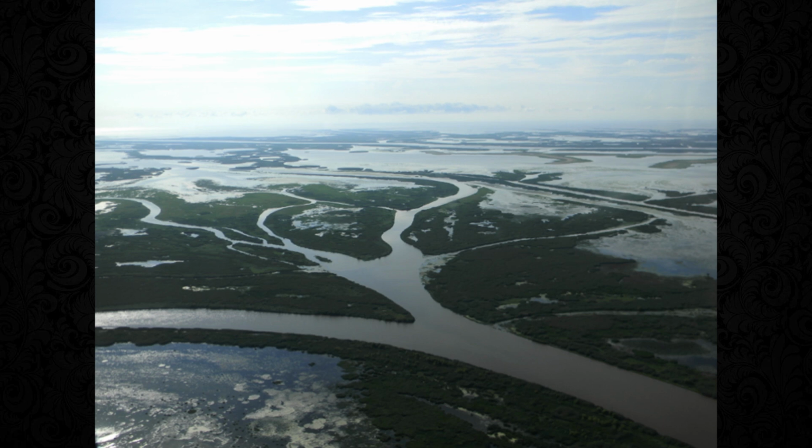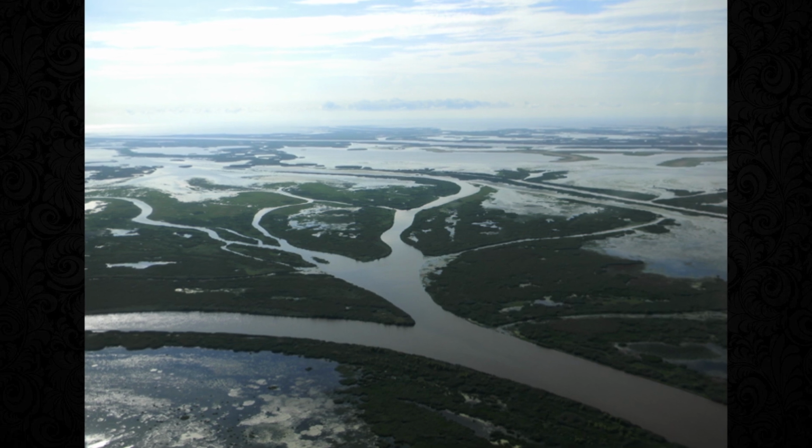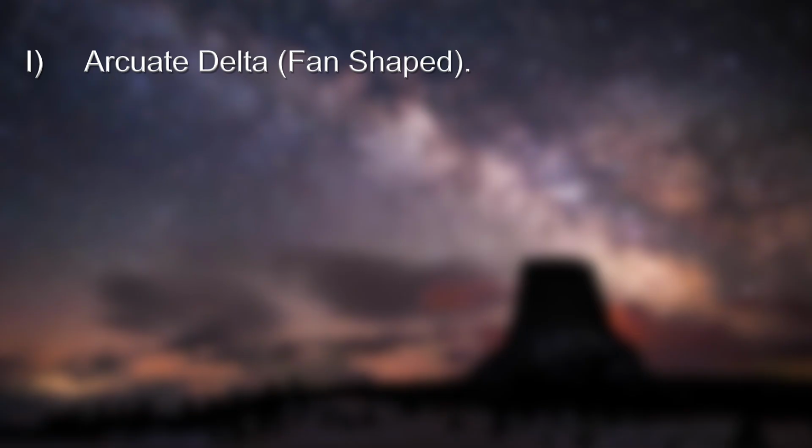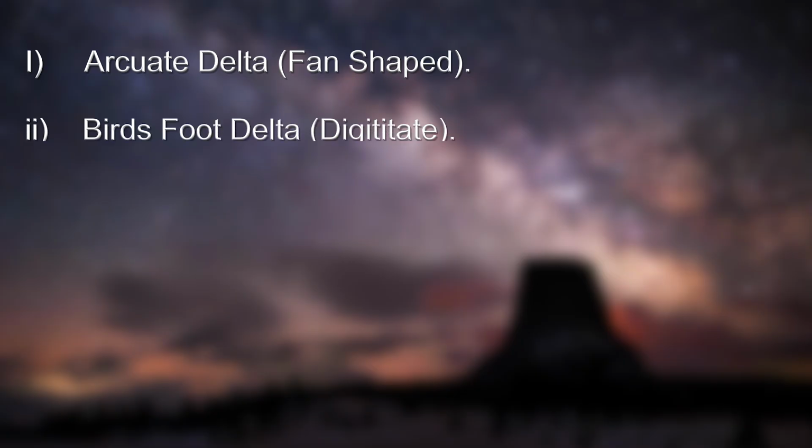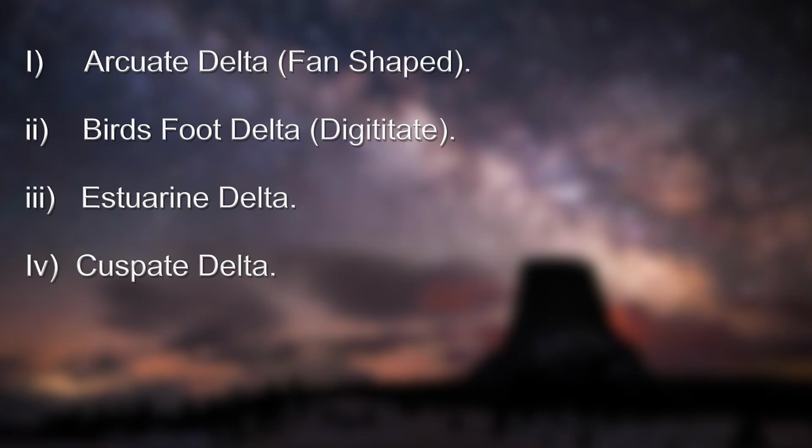In general, deltas are triangular in shape, but on the basis of shape, they may be divided into 4 basic types: arcuate delta, that is fan shaped; bird's foot delta, which is also called digitate delta; estuarine delta; and cusped delta.